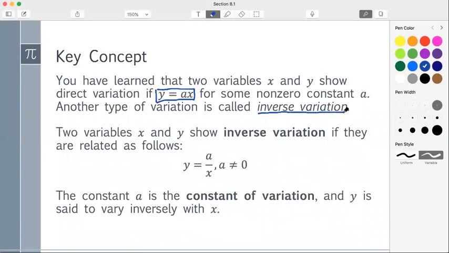So that's what we're going to study in this section. Two variables, x and y, show inverse variation if they are related as follows. So you see we have a new equation, y equals a divided by x. So our equation changes with inverse variation. Again, a is a constant, and it's called the constant of variation. So we're going to use a similar process to solve for a in this section.